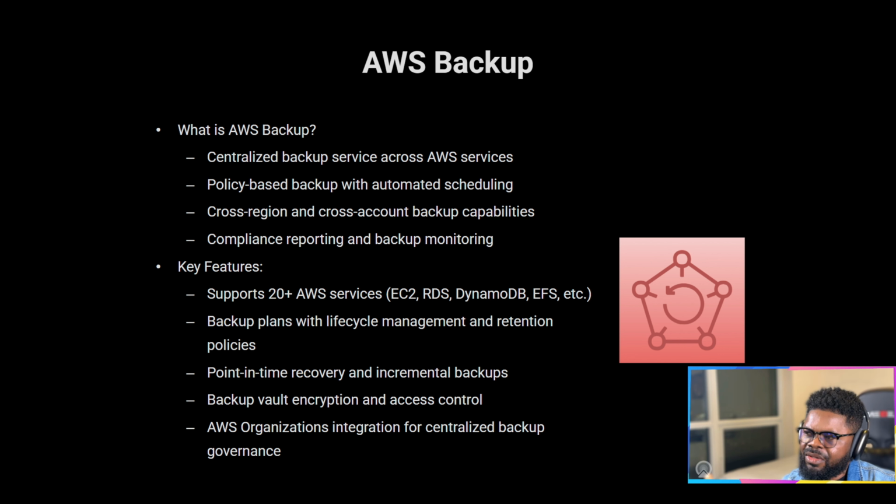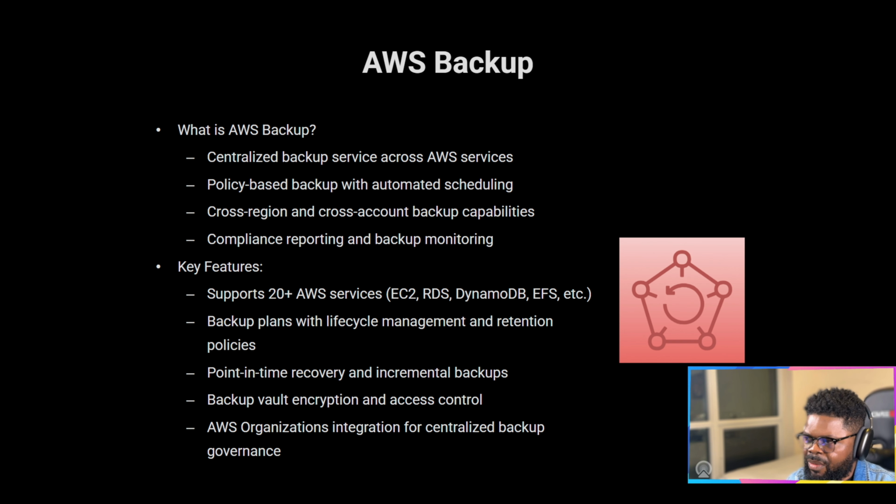So it supports a lot of services, and then you can have backup plans, with lifecycle management and retention policies. Retention policies is just how long you want to keep those backups. Those backups sometimes are incremental, and for that reason, you can choose how long you want to keep a particular backup, right? Point-in-time recovery in some cases is supported, and then incremental backups also.